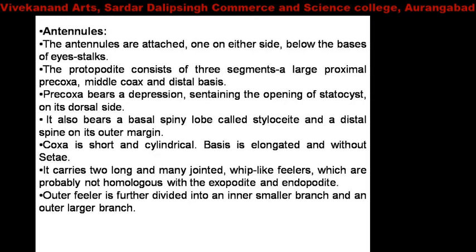Basis is elongated and without setae. It carries 2 long and many jointed filaments, which are whip-like and probably not homologous with the exopodite and the endopodite. The outer filament is further divided into an inner smaller branch and an outer larger branch. So this is all about the antennule appendages.